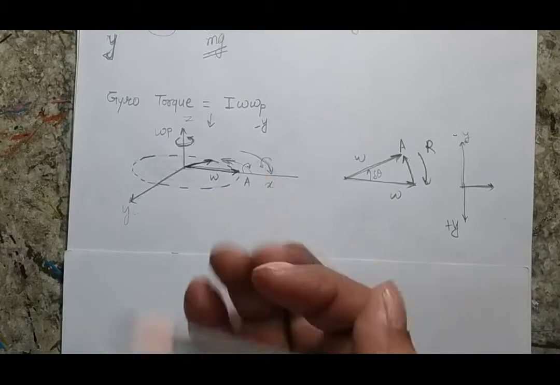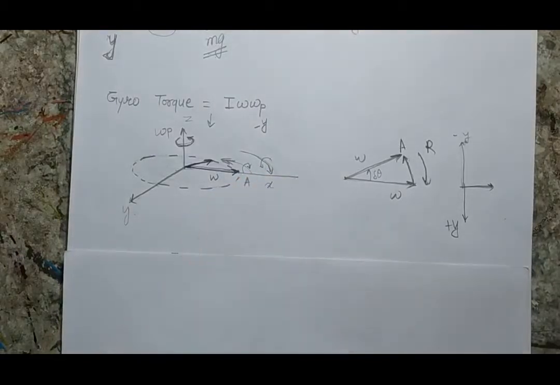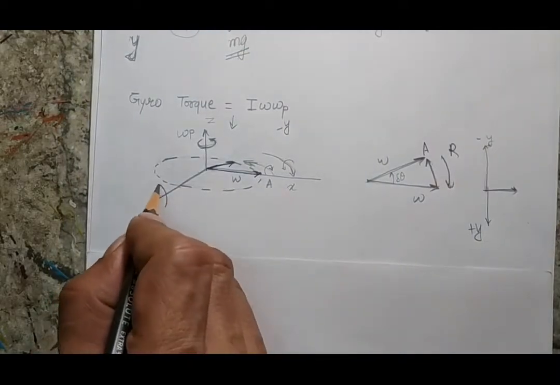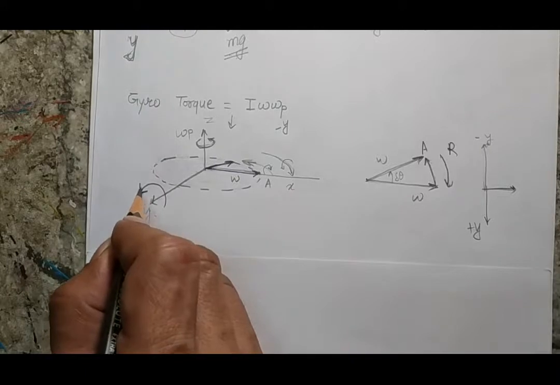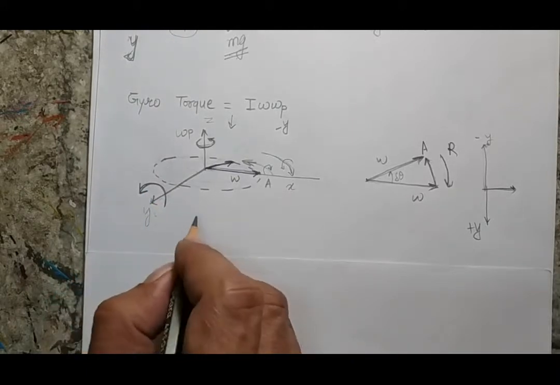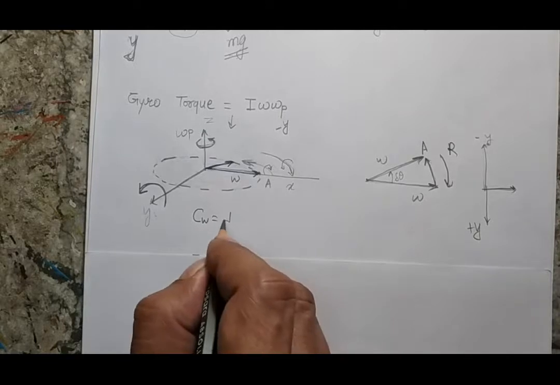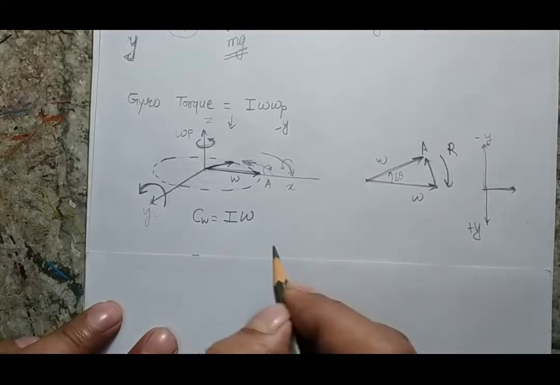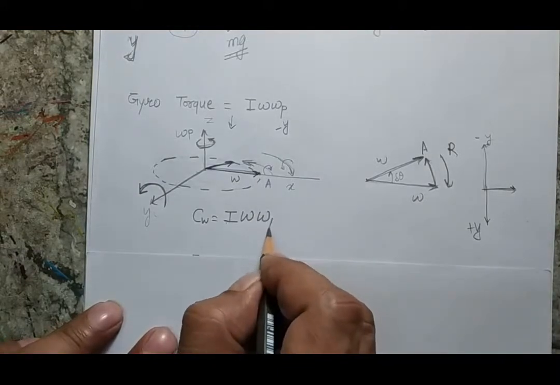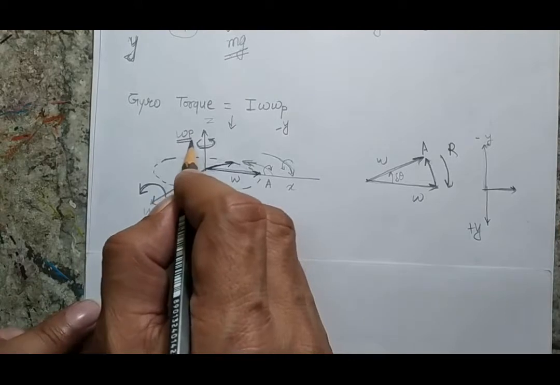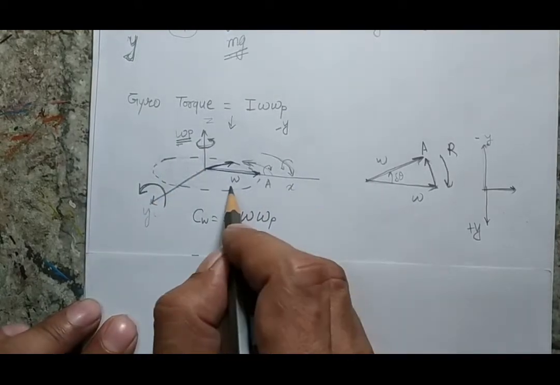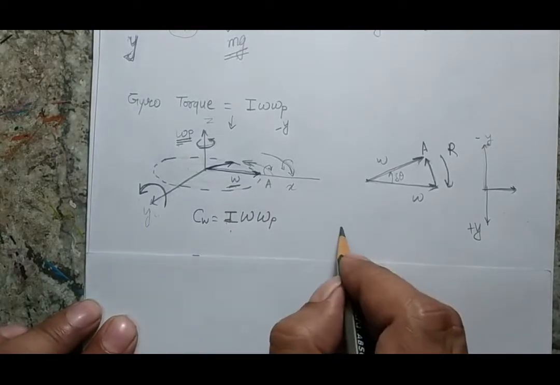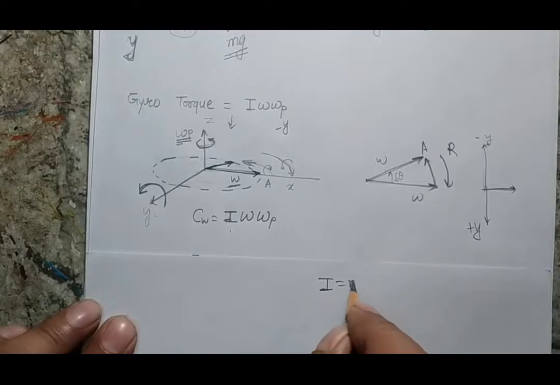And if something is coming out of the plane, that means my screw is rotating in the counterclockwise direction, and then I will have a gyroscopic moment in the counterclockwise direction. I know that the couple value is defined by the angular mass moment of inertia of the rotor, then the rotation of the rotor and the precession omega of the rotor. So this is my precession angular velocity, omega is my rotational velocity, and I is the mass moment of inertia, which is defined by mk squared.